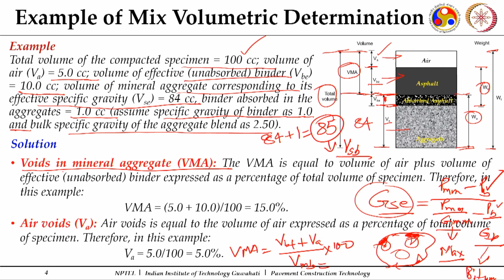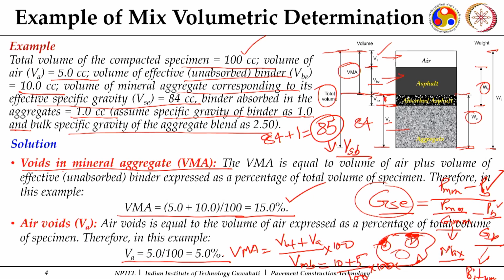The volume of free bitumen, the effective binder, is 10. The volume of air is 5 cc, and total volume is 100. So, this gives you 15% VMA. So, voids in mineral aggregates in a compacted specimen is 15%.